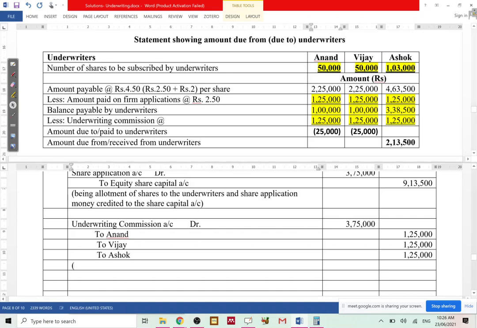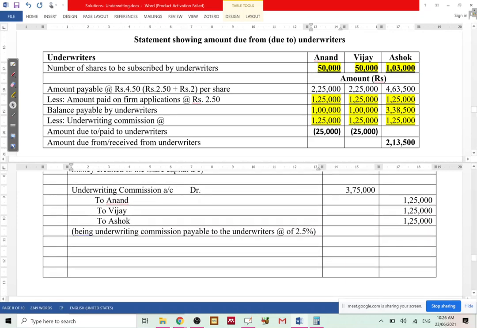So narration will be being amount payable to the underwriters, or I'll just write being underwriting commission payable to the underwriters at the rate of, commission percentage was 2.5%, right, at the rate of 2.5%.